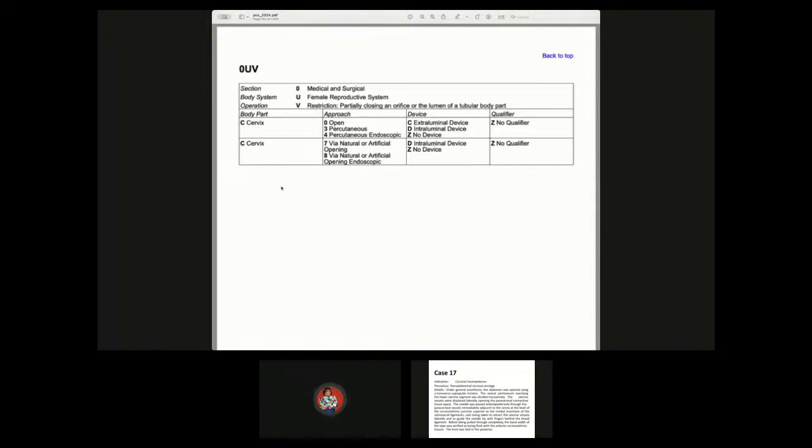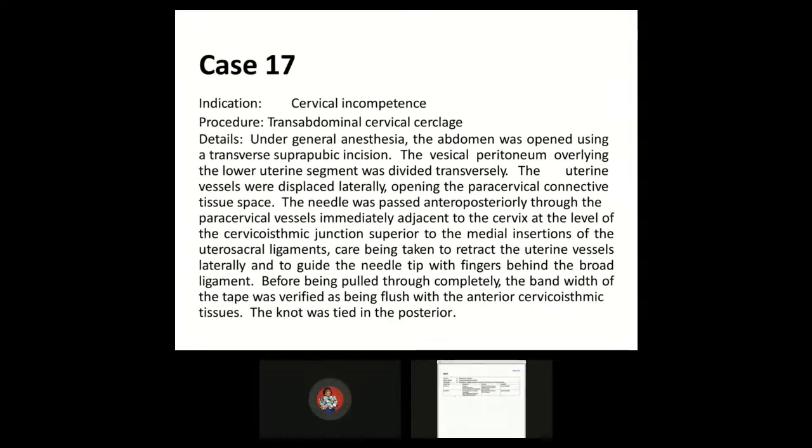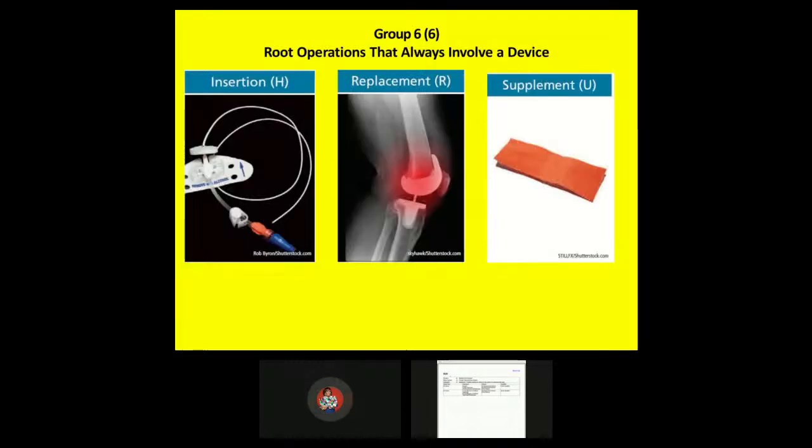Well, our approach was open. They used an extraluminal device. It was on the outside, and there was no qualifier, making our final code 0UVC0CZ.